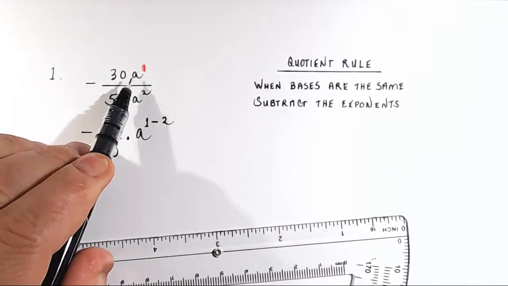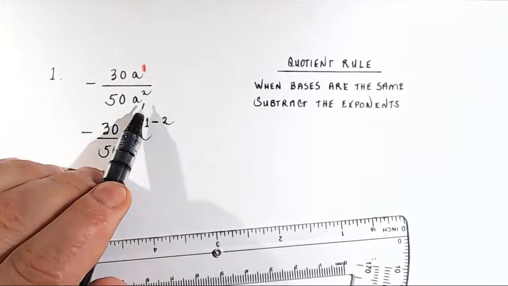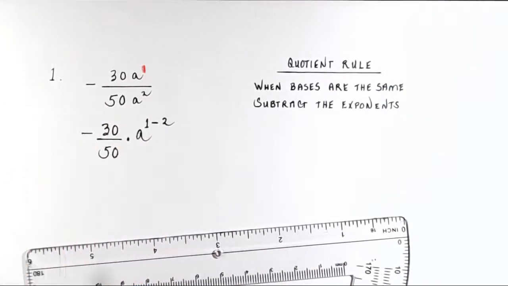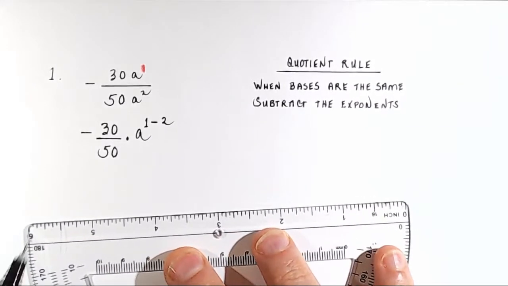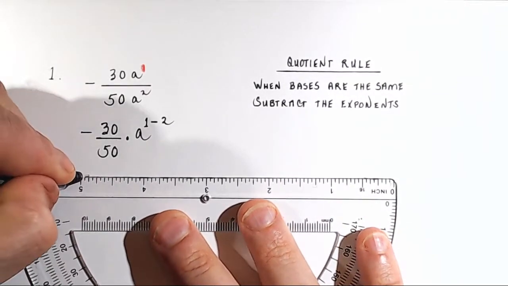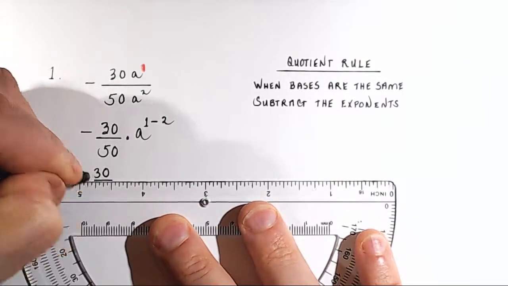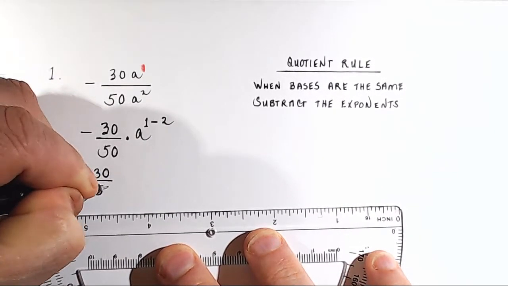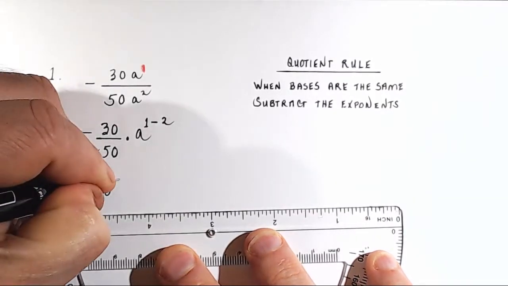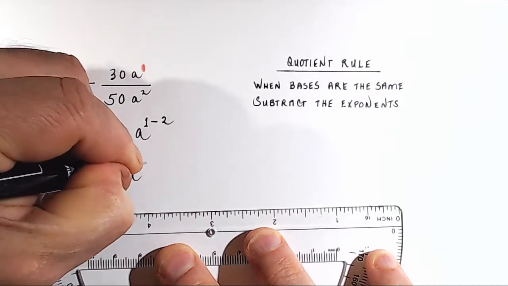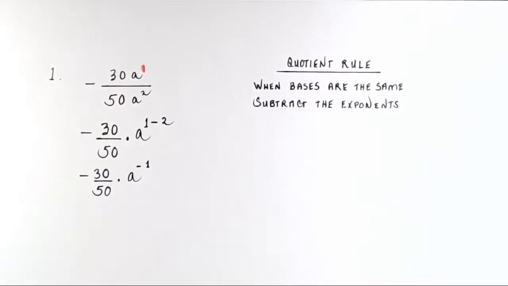So you have 1 in the numerator, 2 in the denominator. So we subtract 2 from 1, and we'll continue to simplify that. What is that? Well, that is just negative 30 over 50 times A to the negative 1 power.